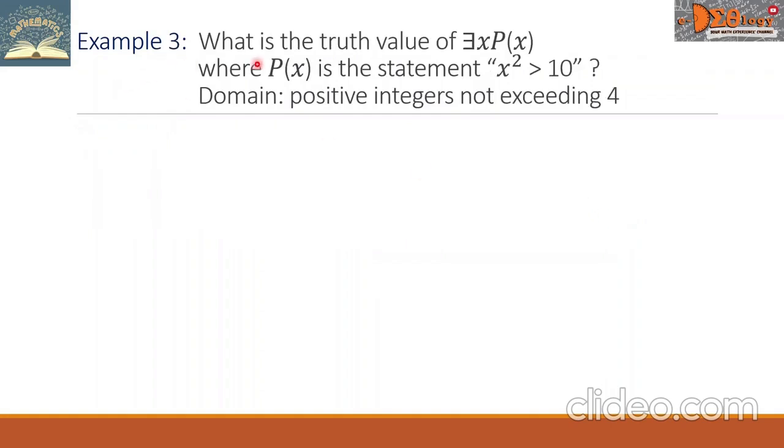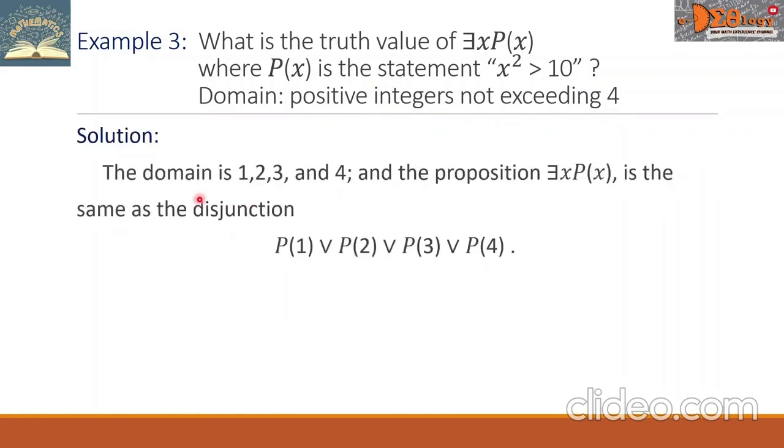Example 3. What is the truth value of for some x, p of x, where p of x is the statement x squared is greater than 10? The domain here is the positive integers not exceeding 4. The domain is 1, 2, 3, and 4.